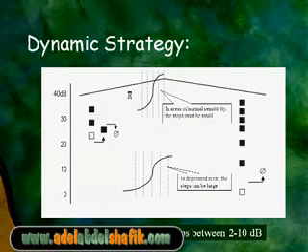The dynamic strategy depends on this: if you test the central area and you find that the sensitivity is high, the program will continue testing the nearby points at a high level of sensitivity, and the difference in the threshold of the stimulus between one stimulus and the next is quite small, 1 decibel, 2 decibel differences.